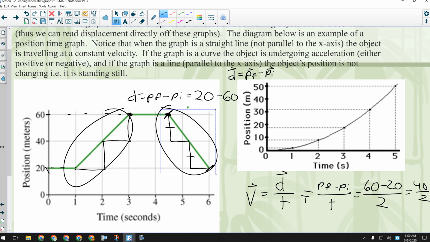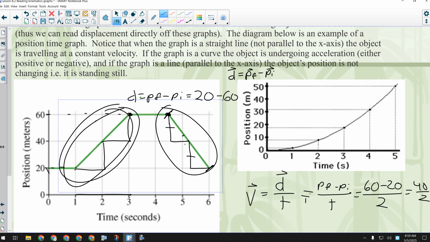It's steeper. Okay? That line is steeper. And if we mathematically look at what steeper means, it does the same amount vertically in less time. Right? This one here took 2 seconds to go 40 meters. This one only took 1.5 seconds to do the same thing. Therefore, it's going faster in that section.